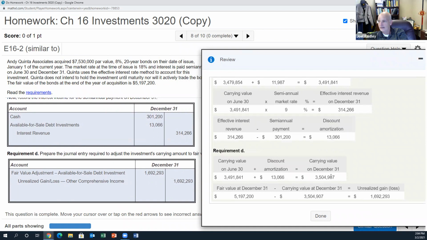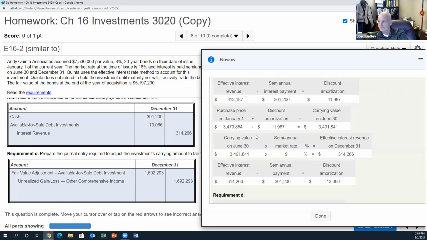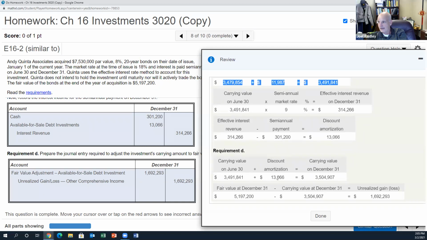So now we've got a new carrying value of 3,504,907. Again, the original purchase price plus 11,987 right there. There's the original purchase price plus 11,987, 3,491,841. Add the 13,066 for the second 6 months. There's my new carrying value on my books.